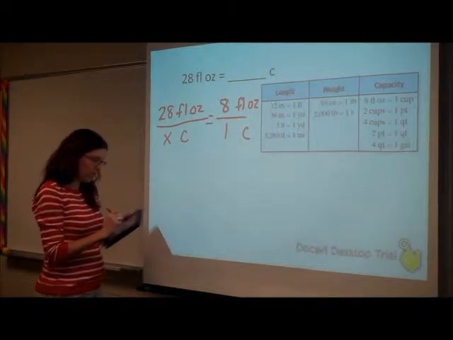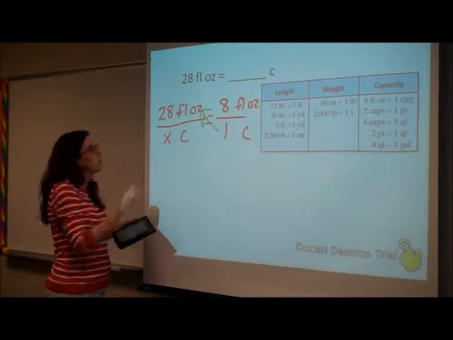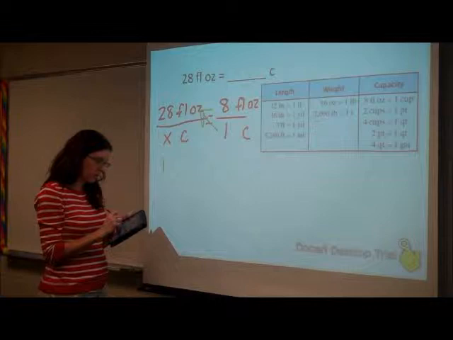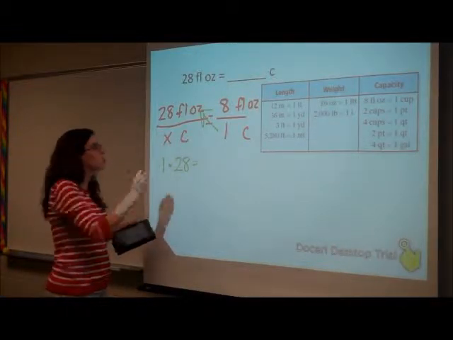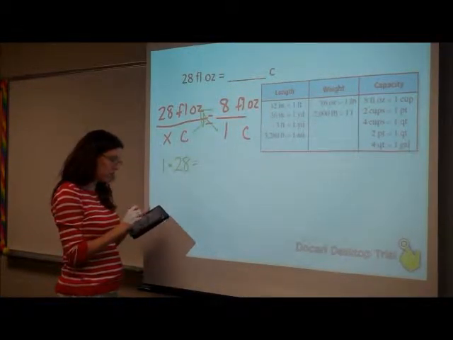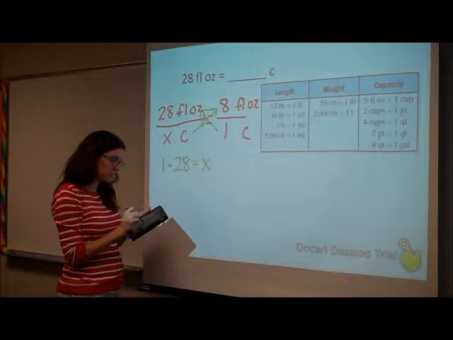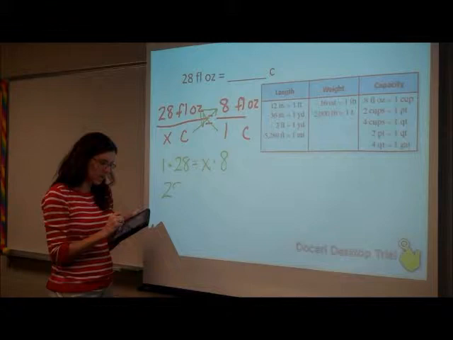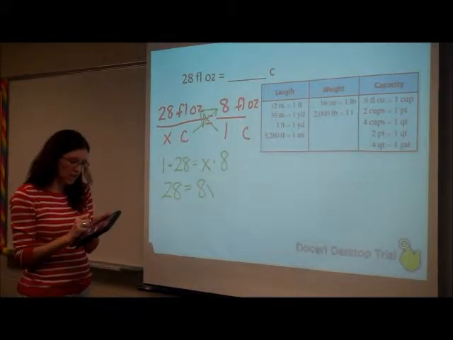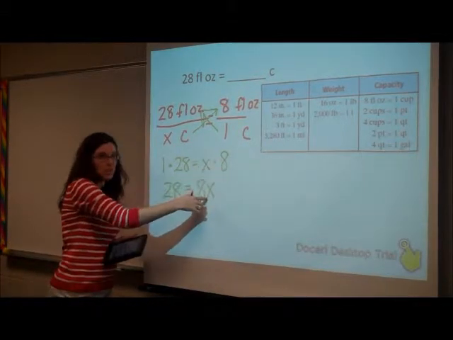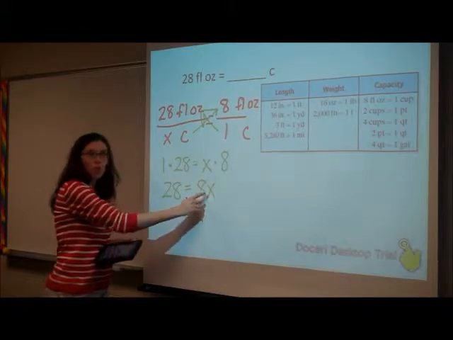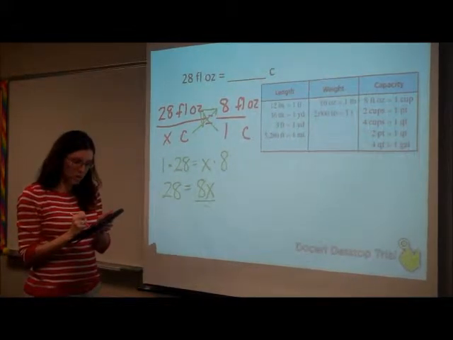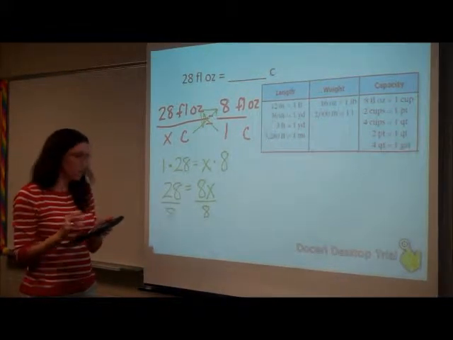So we'll have 1 times 28 is equal to our other cross product, X times 8. So now simplifying this, I get that 28 equals 8x, so x times 8 is the same as 8x. Well, to solve for x, since it's being multiplied by 8, I need to divide by 8.